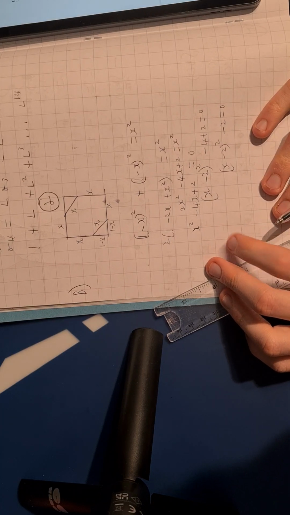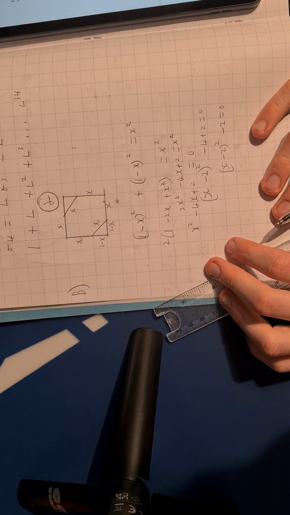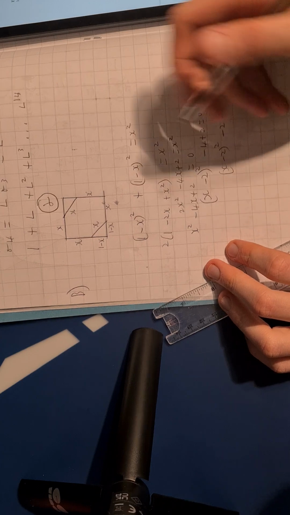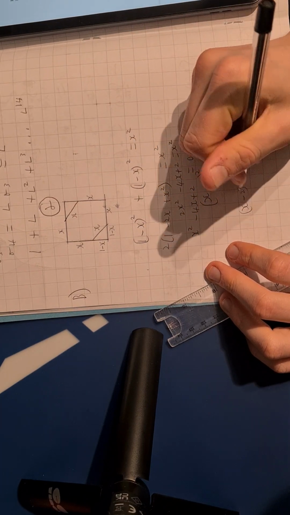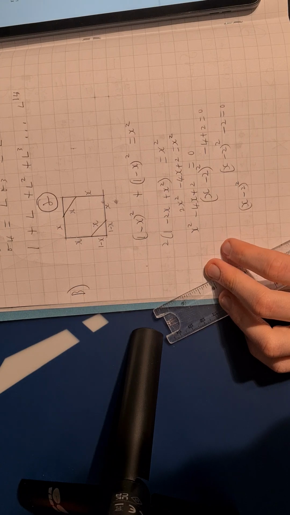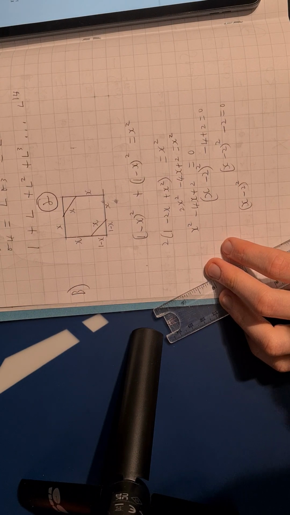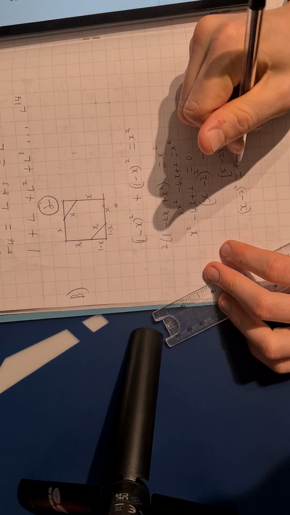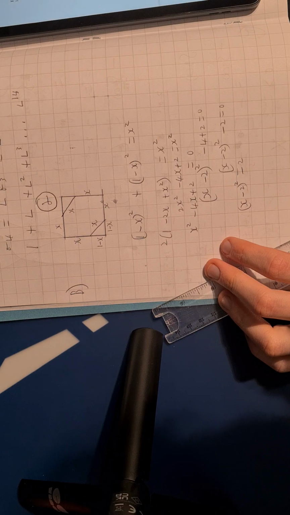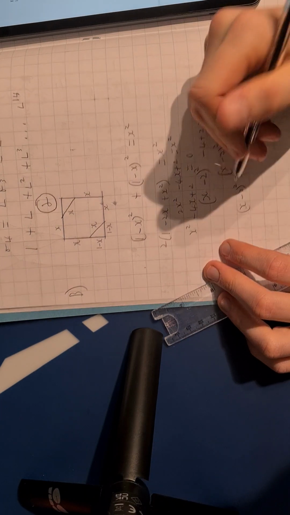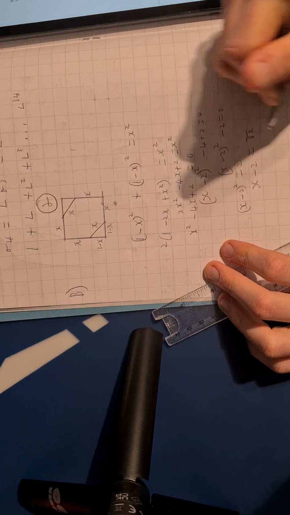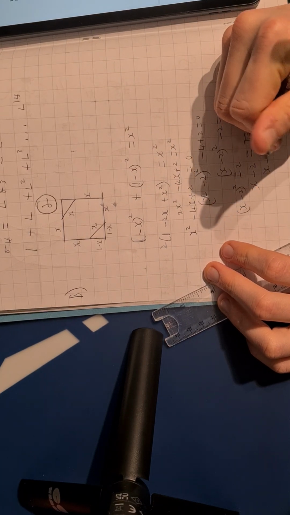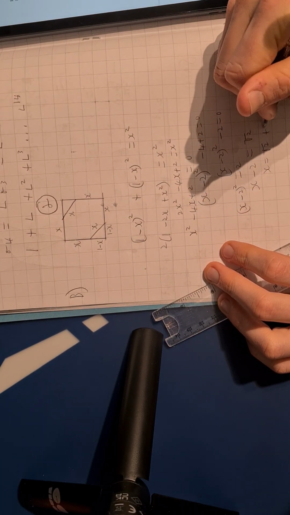Okay. So x minus 2 squared equals 2. So if we square root both sides, x minus 2 equals root 2. x equals root 2 plus 2.